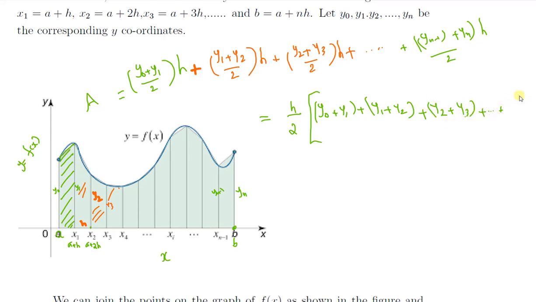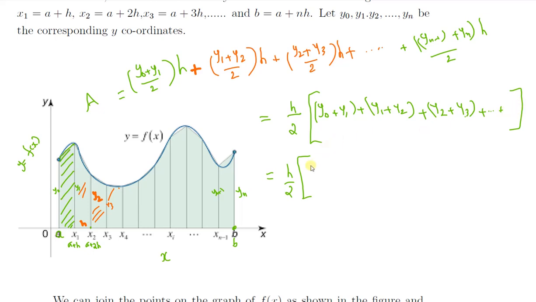So this is equal to h by 2 into, you can see that there is a y0 here, y1 plus y1 again, y2 plus y2 again, y3 plus y3 again, etc. The last term will be yn minus 1 plus yn.